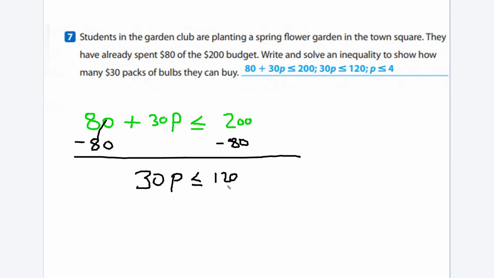And then 30 times what is 120? The inverse operation of multiplication is division. So I'm going to divide by 30. And then I have P is less than or equal to 4. And again, I would plug numbers in just to double check my work, just like we did. If you're still confused on this, I would stop this video and go back and rewatch it.